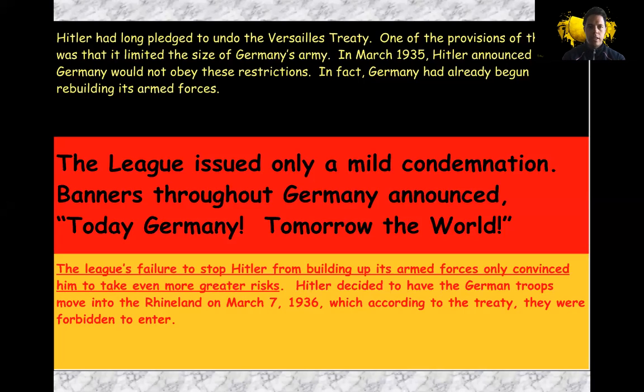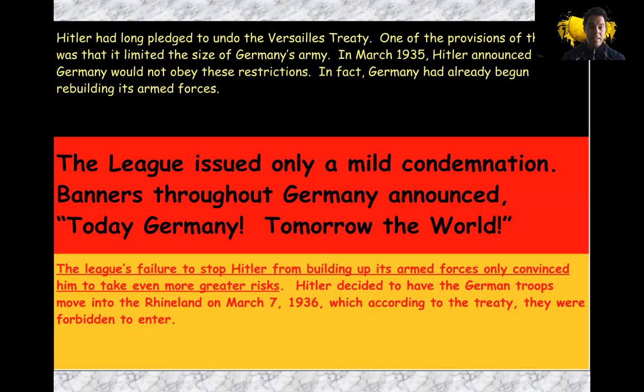So in March of 1935, Hitler announced that Germany would not obey the restrictions on the German army. And in fact, they had already previously been rebuilding their army in secret in Stalinist Russia. Now, the League would issue only a mild condemnation, basically saying, please don't.